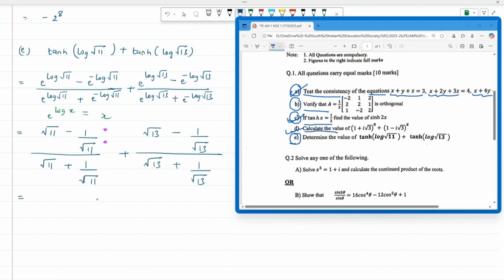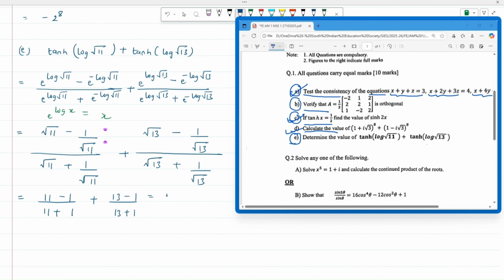So simplifying the numerator, we will be getting 11 minus 1, and we will have the denominator to be root 11, and in the denominator also we will have root 11, so we can get rid of that. So here we will have only 11 plus 1, and likewise this is going to be 13 minus 1 over 13 plus 1.